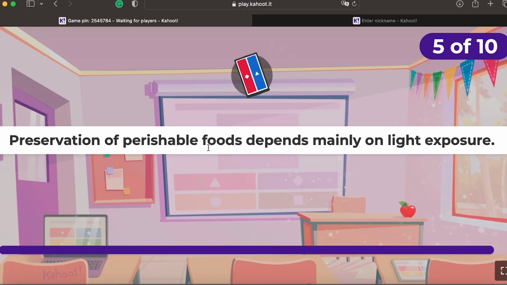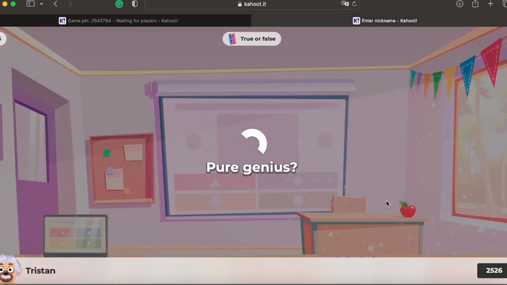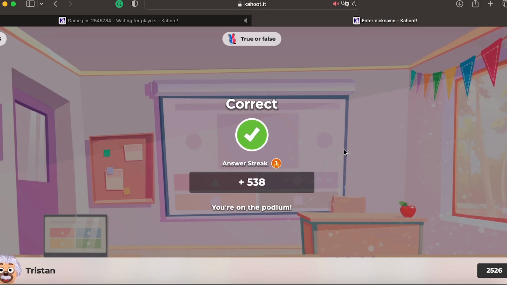Preservation of perishable food depends mainly on light exposure. Depends mainly on light. I think it's false. Maybe it's temperature. Who knows?